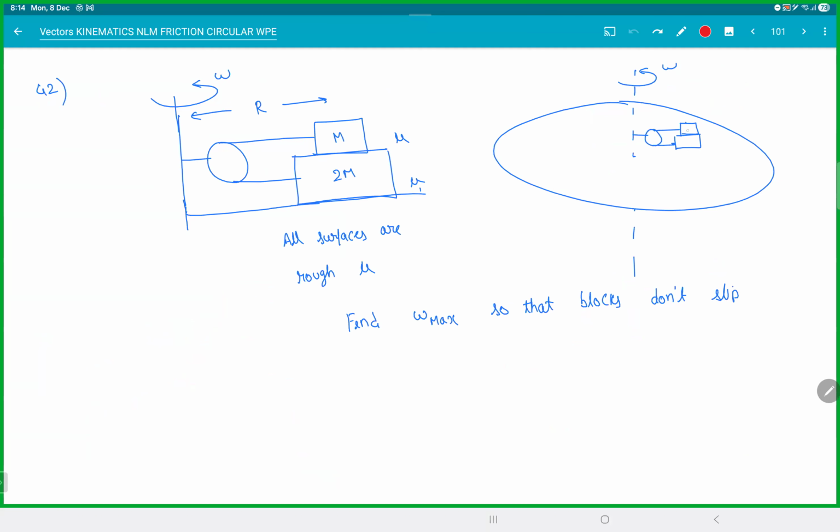So there are two blocks like this, M and 2M, at a distance r. You kept it on a disk and the whole disk started rotating with omega. All surfaces are rough. Find max omega so that the blocks don't slip.